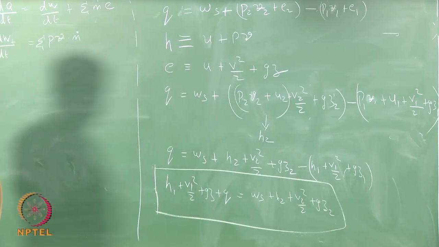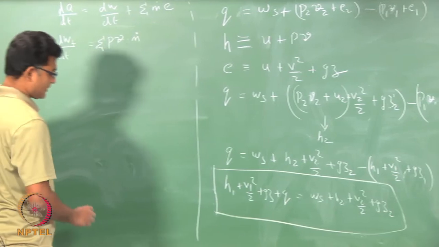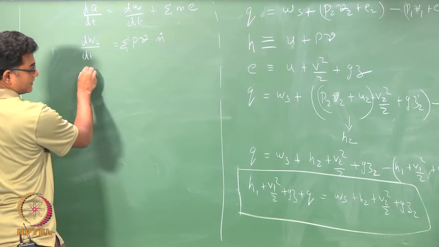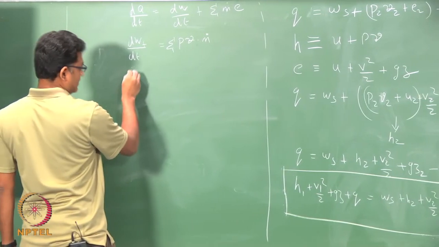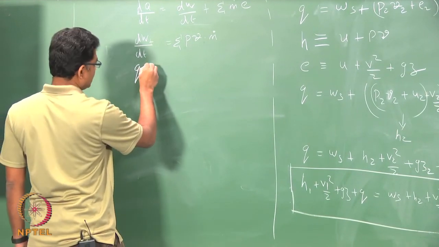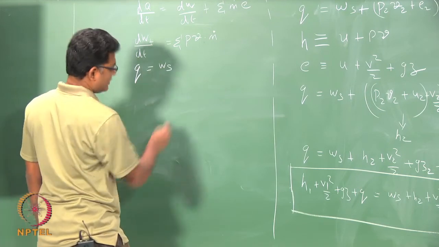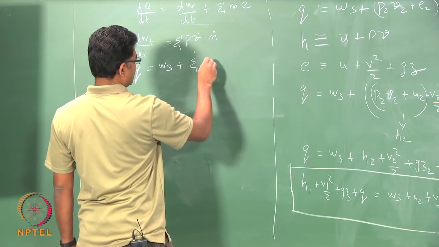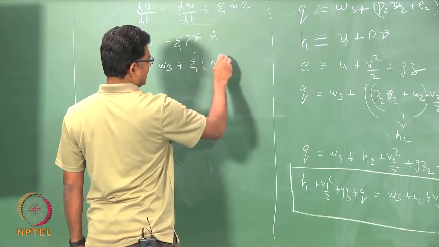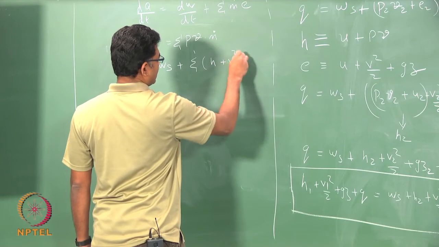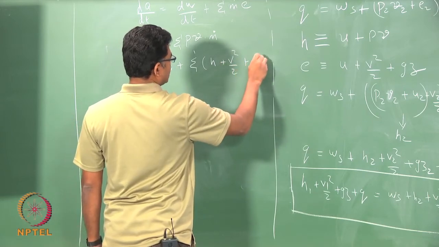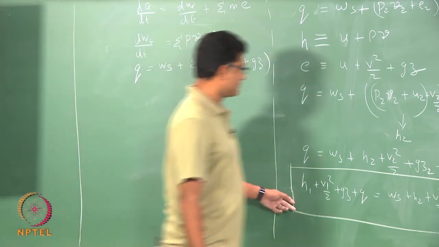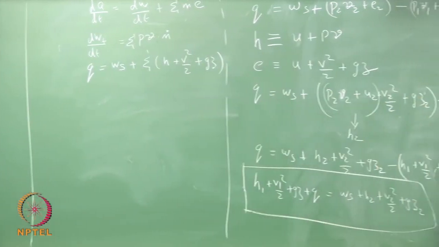So, this is another form of the energy equation, which I can write like this, plus sigma H plus V square by 2 plus g Z, or in this particular form where I can write it for two sections.